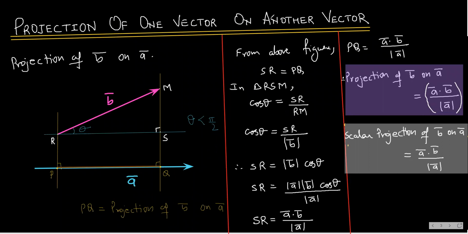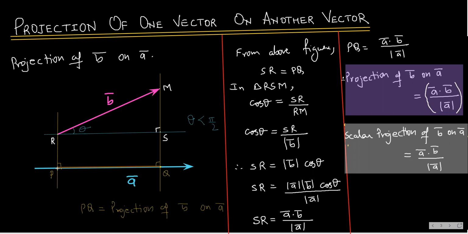Now, what is a vector projection in the first place? See here, in order to understand the vector projection, first of all, you will understand how big the projection of B bar on A bar is. See students, the projection of B bar on A bar is this big.